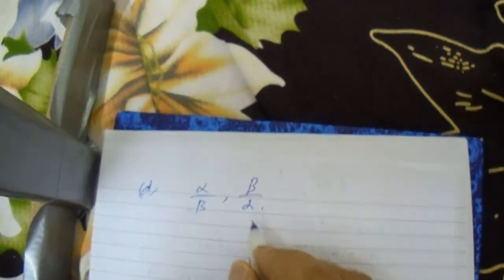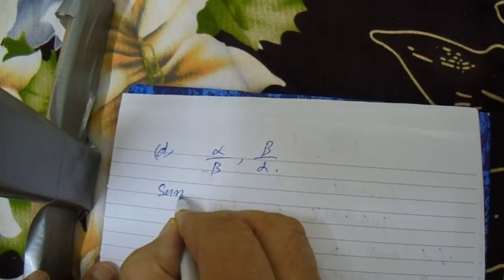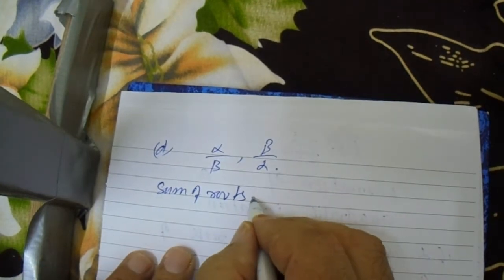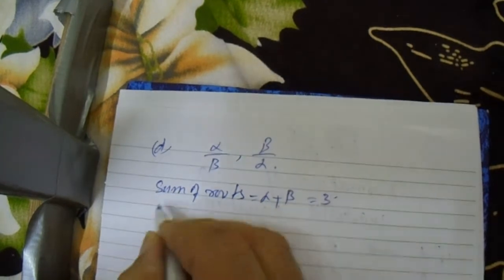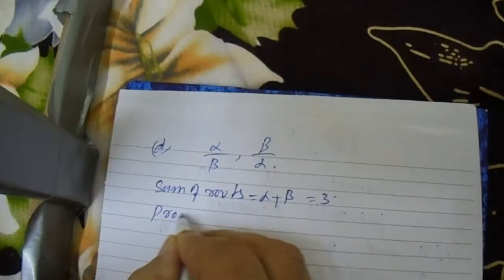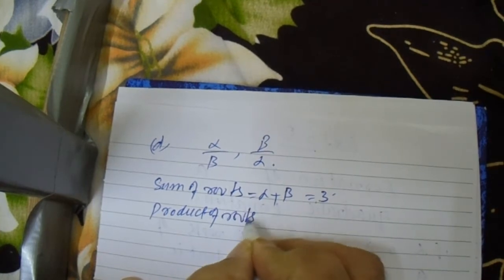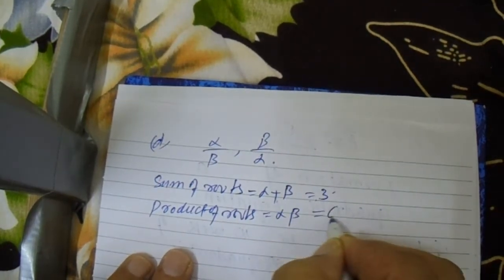We have the sum of roots, as we found earlier, alpha plus beta is equal to 3, and the product of roots alpha into beta is equal to 6.